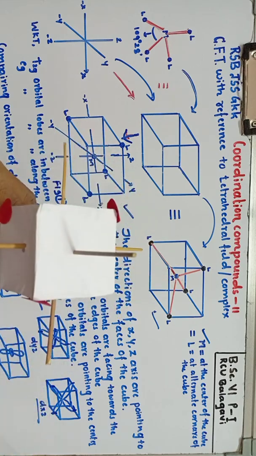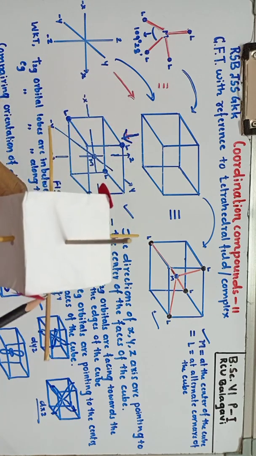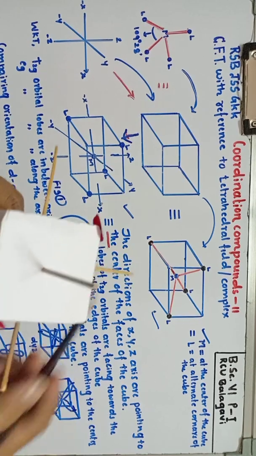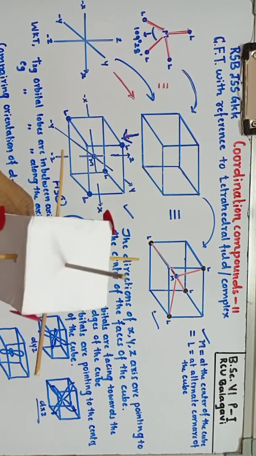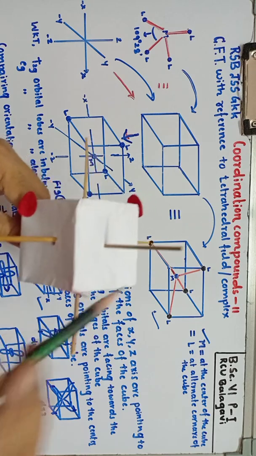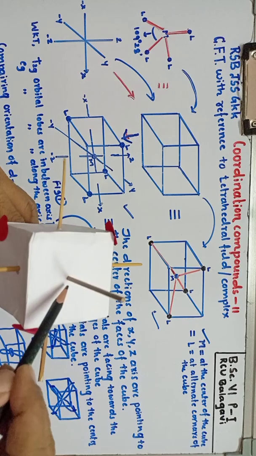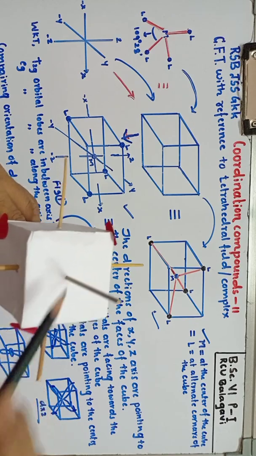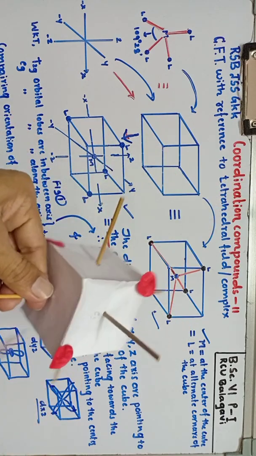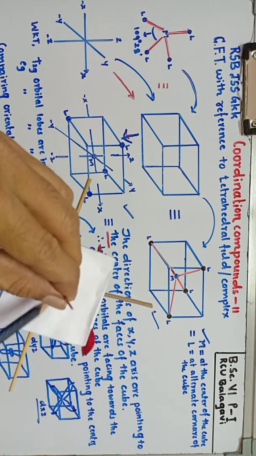So that means dx2-y2 orbital, if you compare with the simple cube, the lobes will come exactly along the x-axis and y-axis. Further, if you consider the dz2 orbital, it is in the z direction, the z-axis. Therefore, the lobe will come exactly at this center, and also downward side it will come here.